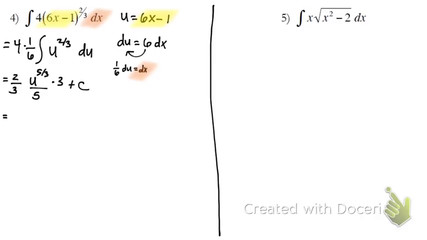My constant multiple out front, I have a 3 here and a 3 here, so those are going to divide out to be 1. So that leaves me with 2/5 u to the 5/3 plus c. And last but not least, if I want to replace u with what it's equal to, that gives me 2/5 times 6x minus 1 to the 5/3 power plus c.